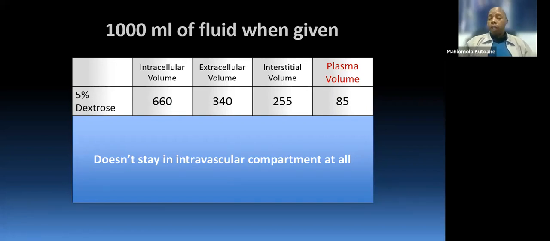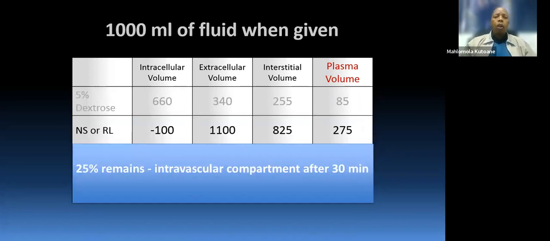That means if you decide to give dextrose 5%, 660 milliliters will be in the intracellular space, while 340 mLs will be in the extracellular space, and 255 of that will go into the interstitial space, and the plasma volume will only be 85 mLs. That means the whole of the sugar will be taken out.